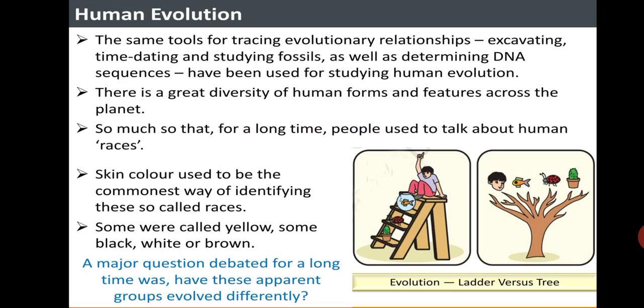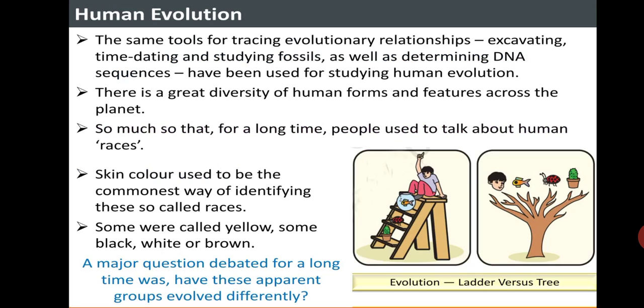The same tools for tracing evolutionary relationships, excavating, time dating and studying fossils, as well as determining DNA sequences, have been used for studying human evolution. There is a great diversity of human forms and features across the planet. So much so that for a long time people used to talk about human races.